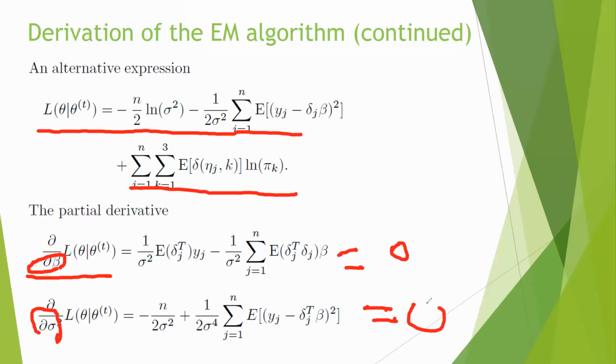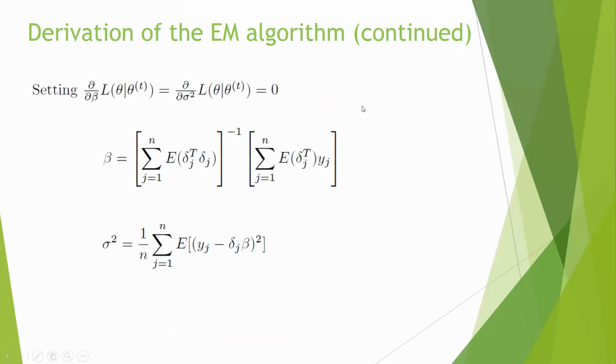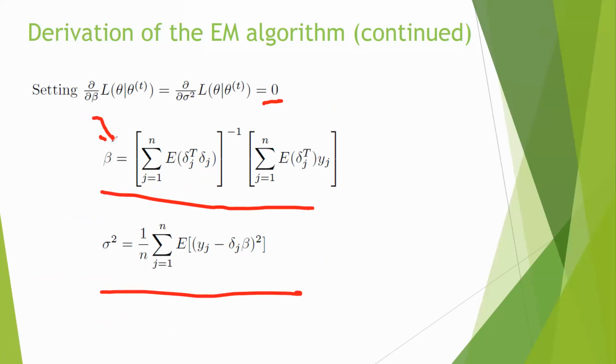We can easily get the nice closed solution for the beta estimation and the sigma square estimation. All right, this is the routine. See here, we just set this equal to 0, and we can get a very nice closed form to solve this beta here.